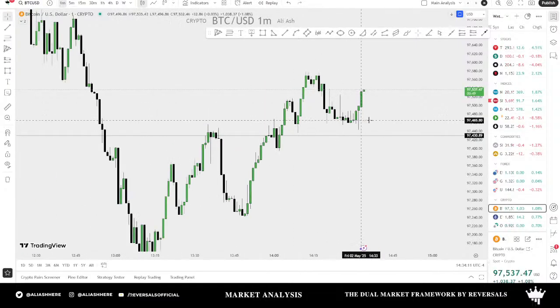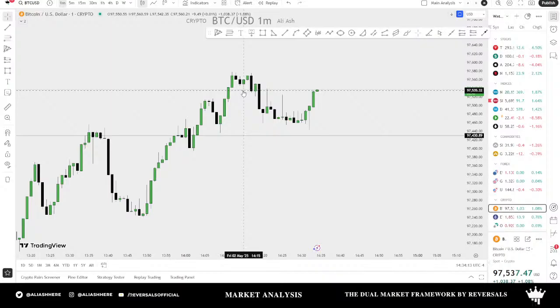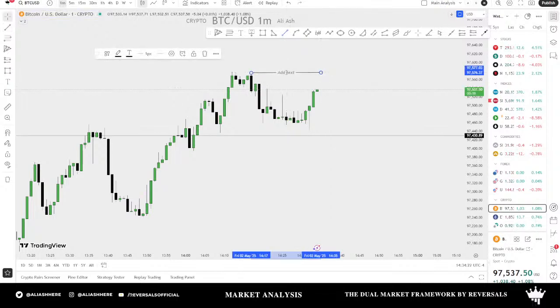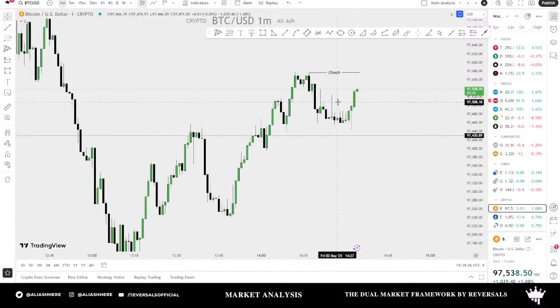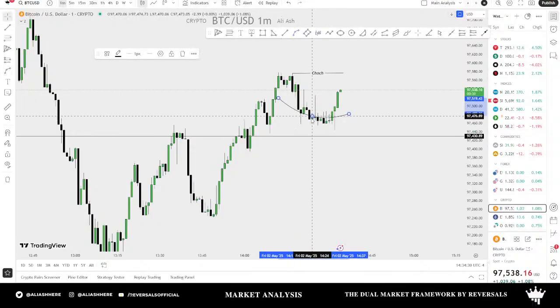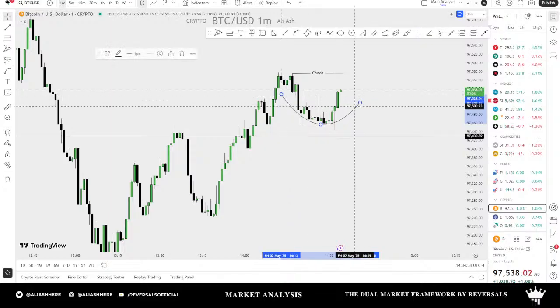Pretty choppy structure right here. Then we have an evening star. So this can be our change of character, and it's bending itself, so we can use it there.